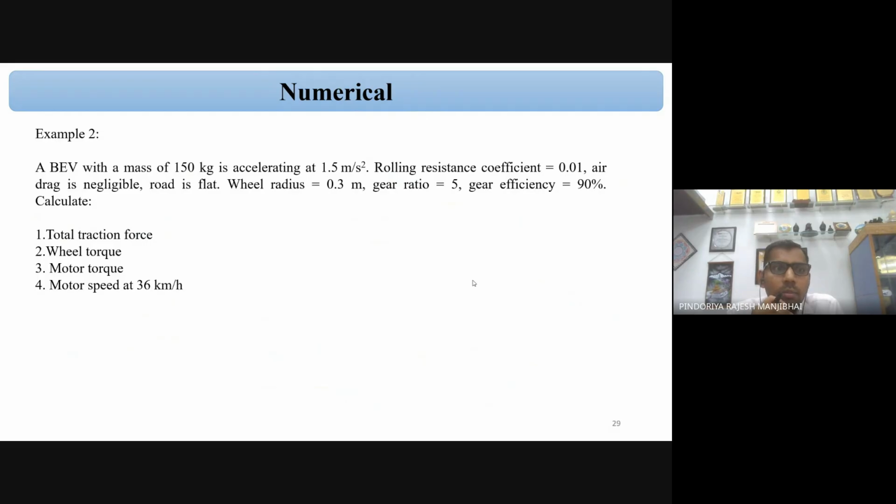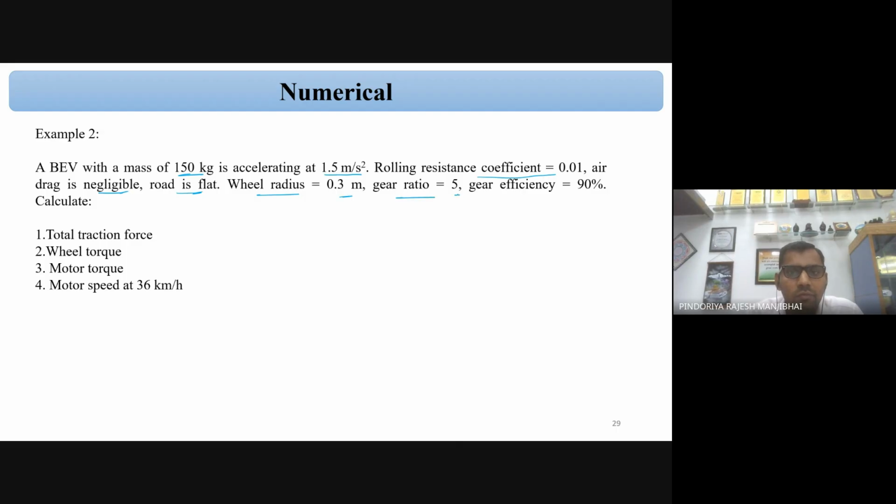A BEV, a battery operated electric vehicle, with mass 150 kilogram, is accelerating at 1.5 meter per second square. The rolling resistance coefficient is 0.01. Air drag is negligible. The road is flat. Wheel radius 0.3 meter.